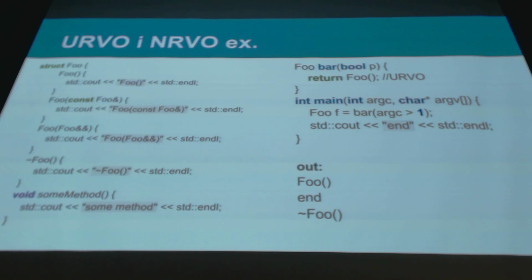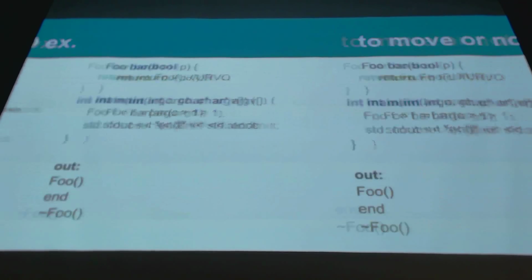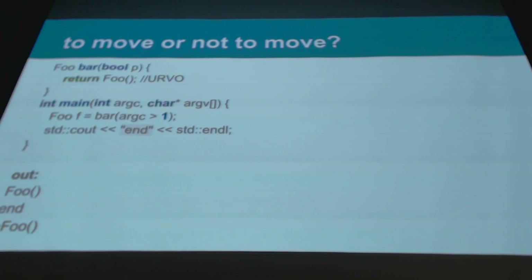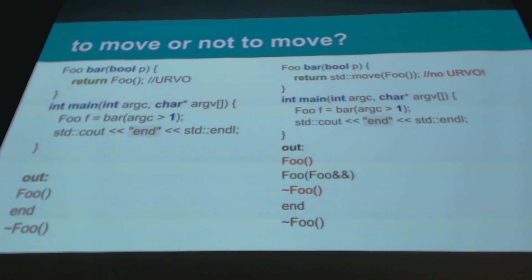So RVO works. And of course, the question is, what will happen when we move? It turns out that using move in this case will make it worse, because we'll construct another object and then move it to the new object. It will not be so bad, because we are moving things.